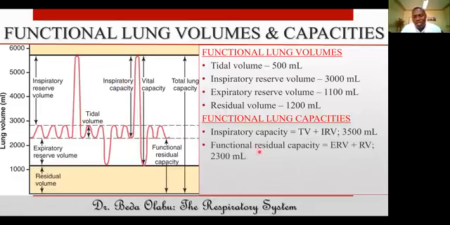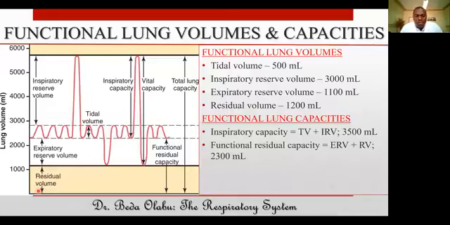Then we have the functional residual capacity. The functional residual capacity is this one. You obtain the functional residual capacity by adding the expiratory reserve volume to the residual volume.